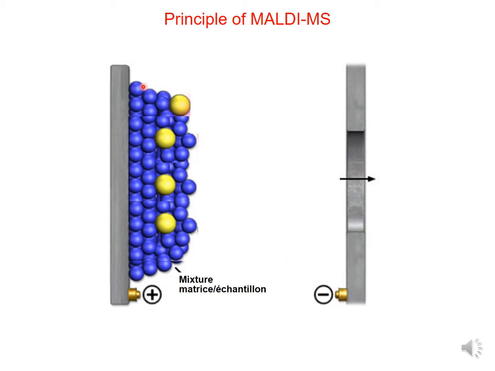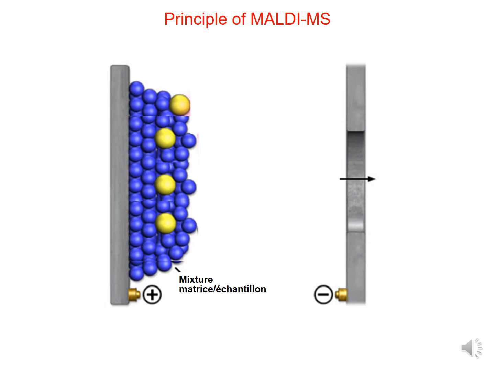Okay, this system is solid. It means that you have a totally desolvated system, and this is a crystallized system. The mixture matrix-sample is solid.